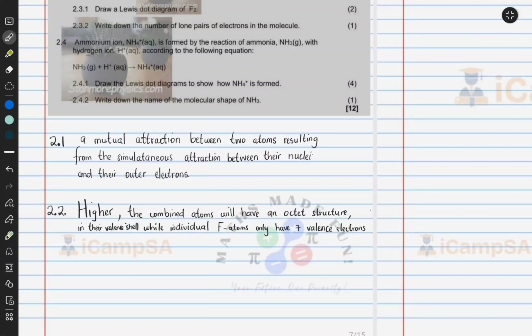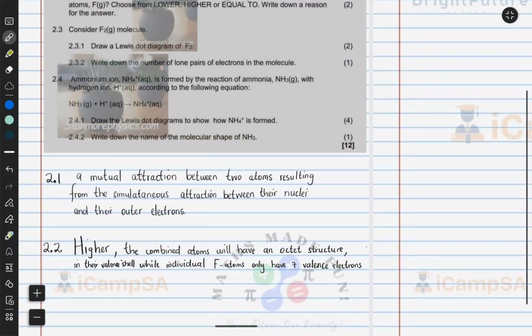So as they bond, they form this single bond, or whatever bond order that they will form. But in the formation of that covalent bond, they release a certain amount of potential energy until they reach the lowest possible potential energy, and at that point they will have reached stability.